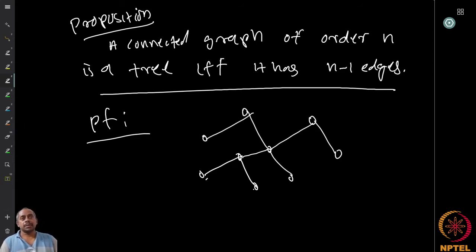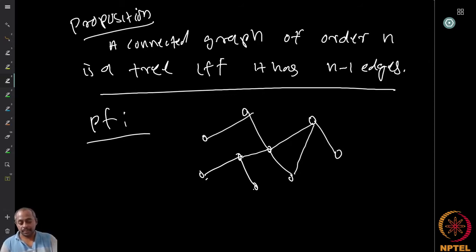But suppose you add one more edge, right? If the graph is already connected, and then you add an edge between vertices of some component, then you automatically create a cycle, because there are two disjoint paths between these vertices: the edge and the path in the original.